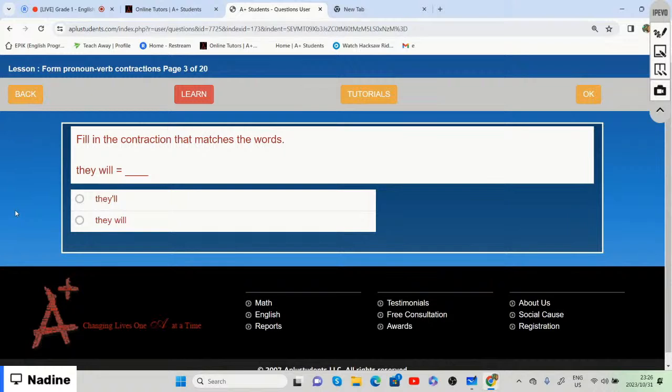Remember, the first word stays the same. The second word, which is will, we remove the W and the I. We add the double L to our word they, and we add the apostrophe. So now if we put those words together, it is they'll. So well done. They'll is correct.